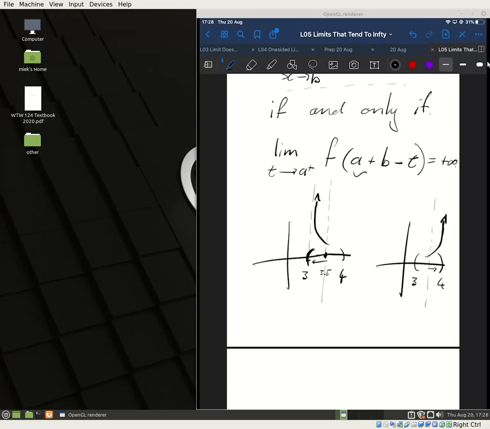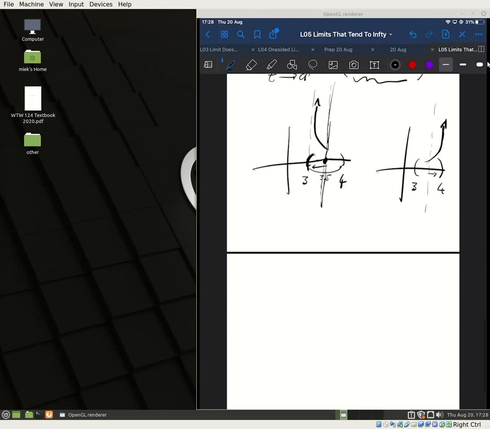So this is what this transformation does. It flips this interval around the symmetry axis, or around the center of the interval. Let's just think about how this works.